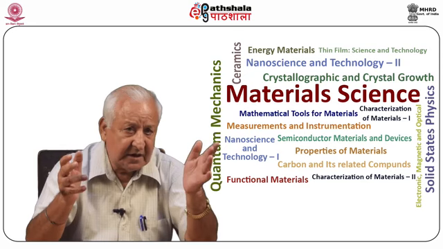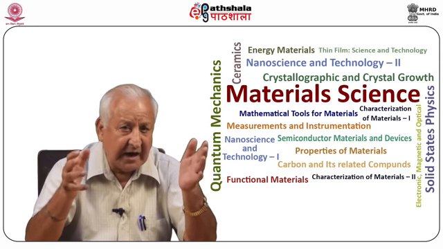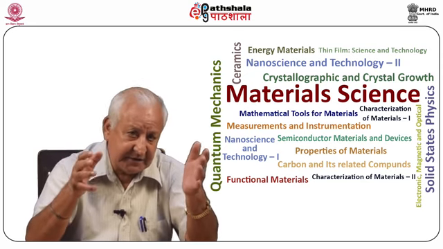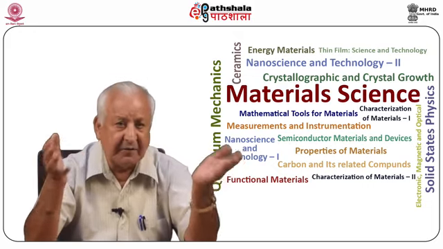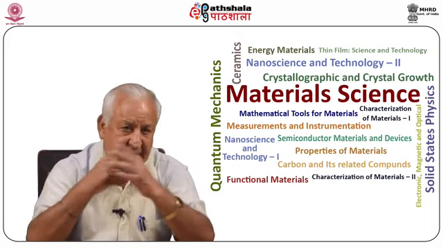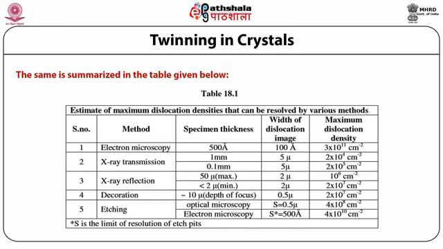All the techniques outlined above have their advantages and limitations. It would, however, be of interest to make a comparison. The same is summarized in the table given below, that is table 18.1. It gives us an estimate of maximum dislocation densities that can be resolved by various methods.